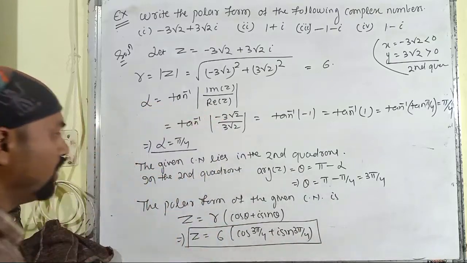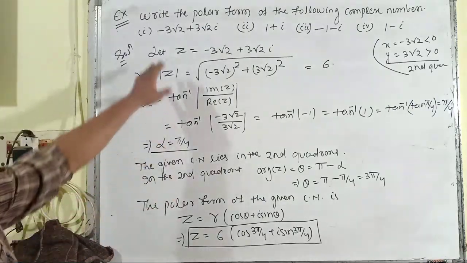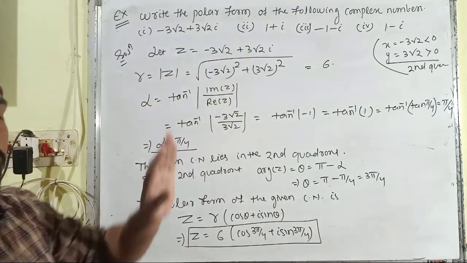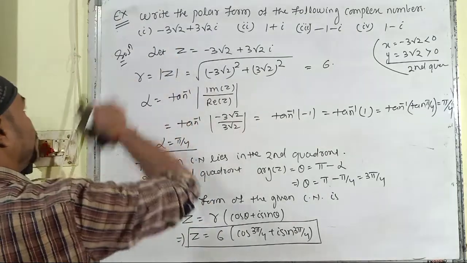And here it is the resultant polar form of the given complex number, that is minus 3 root 2 plus 3 root 2 i. Then moving towards the second complex number.